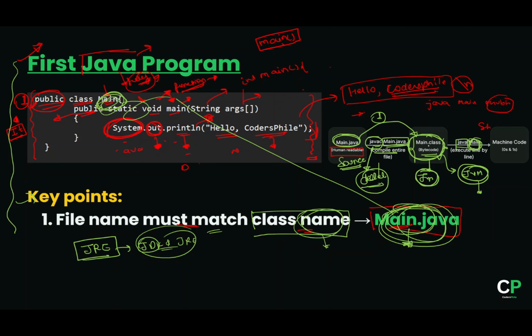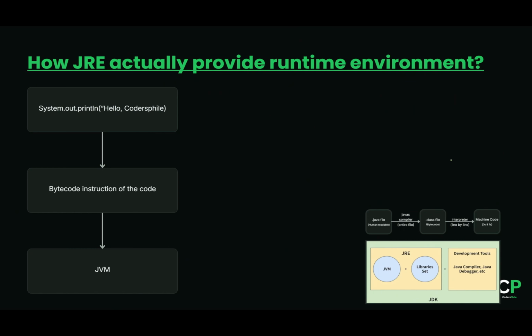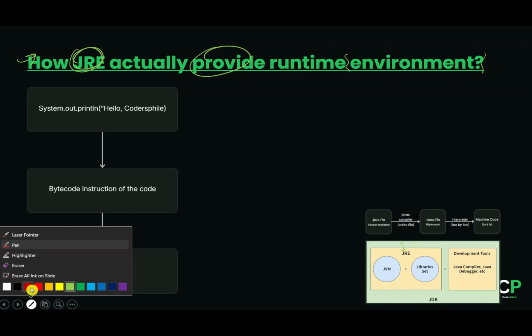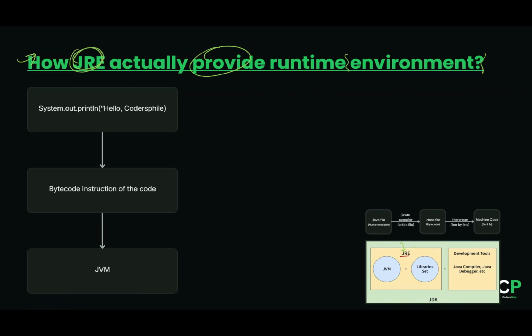So let's see how the JRE actually provides the runtime environment in order to execute our code. As we have seen earlier in this video, the JRE provides the runtime environment in order to execute our program.